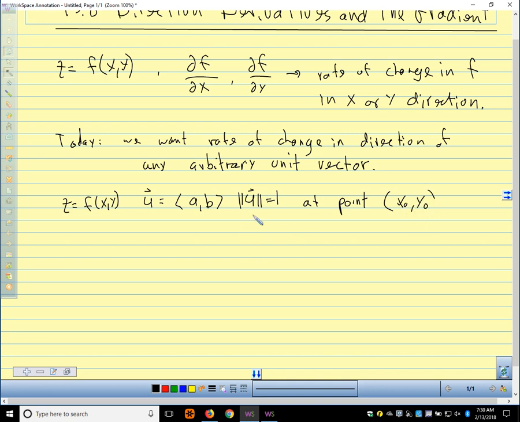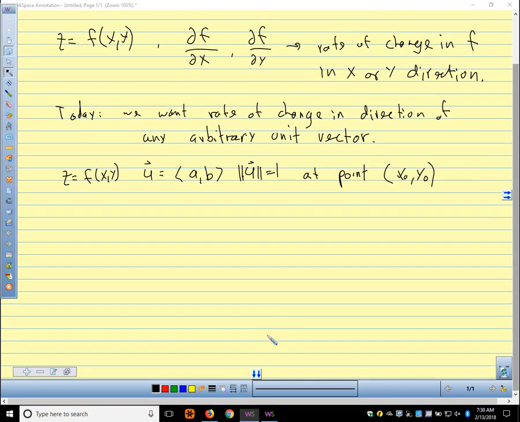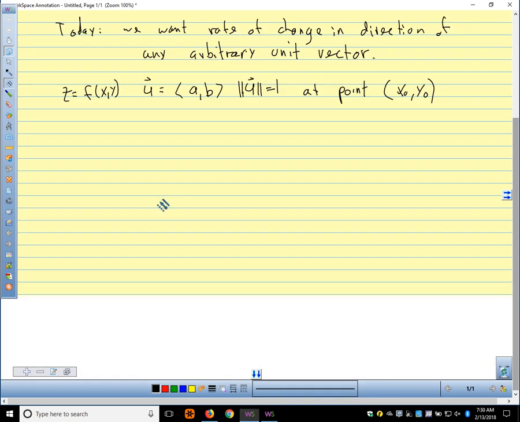So we're moving in the direction of this unit vector u on this surface z equals f of x, y. Let's draw a picture, and we'll start like we did in Calculus 1. We'll start by talking about an average rate of change. And then we'll slowly build up this idea to get our instantaneous rate of change.